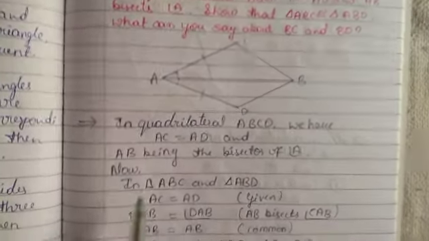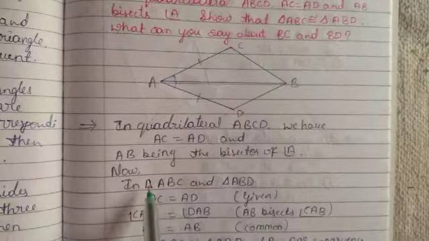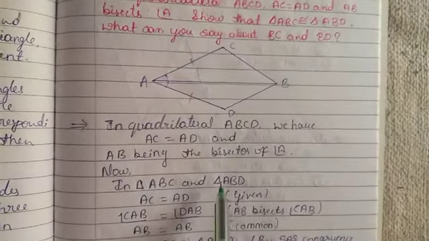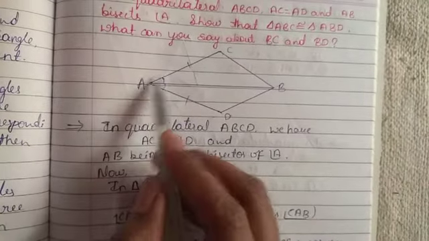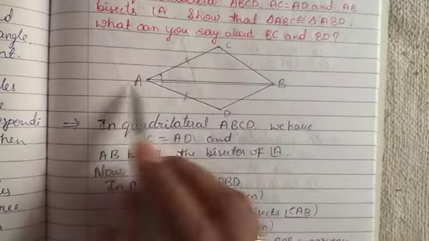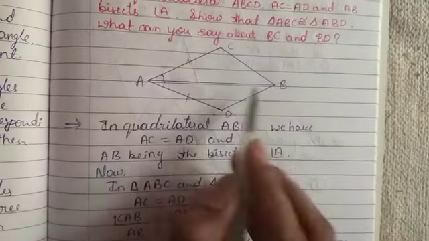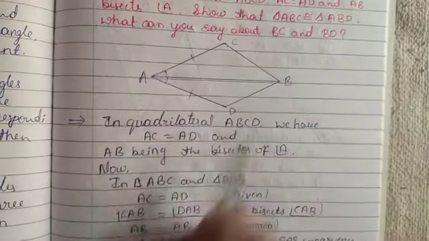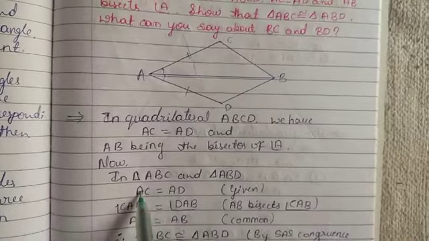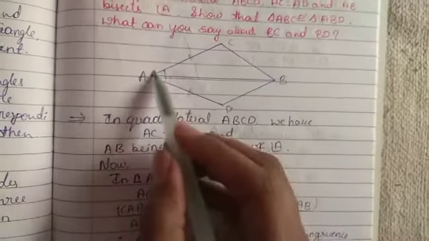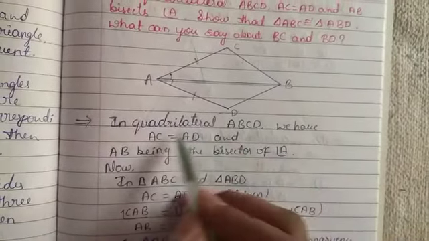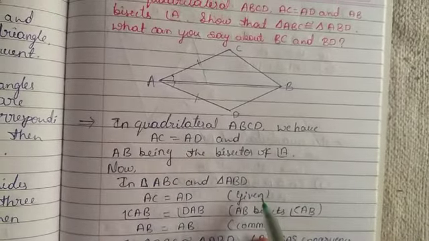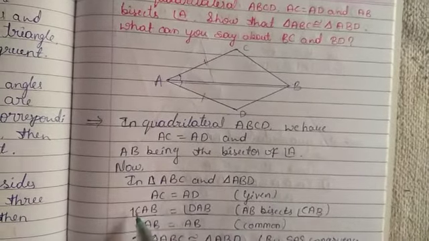Okay. So take triangle ABC and triangle ABD. This triangle ABC and another triangle ABD. This part and this part. Take that. In this, AC is equal to AD. They already gave this. Okay.